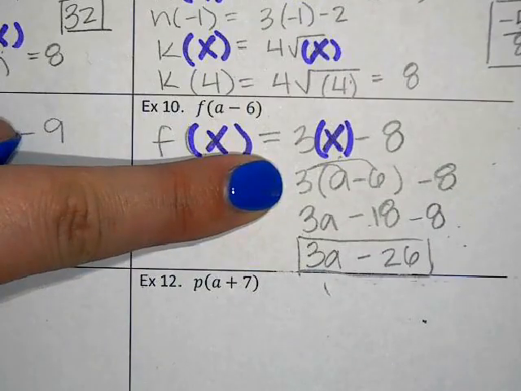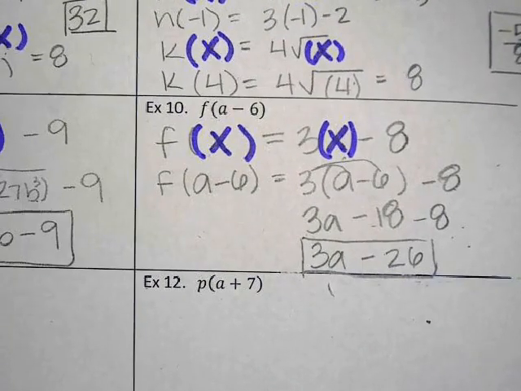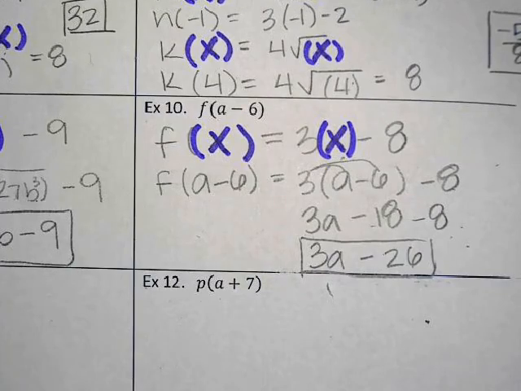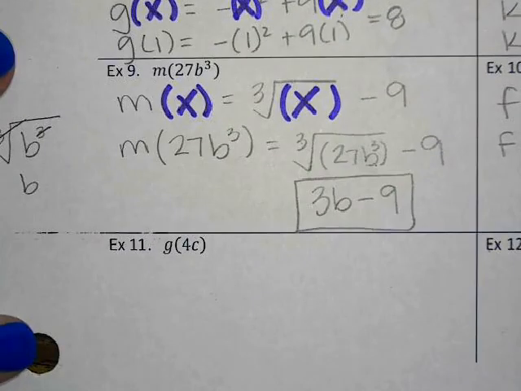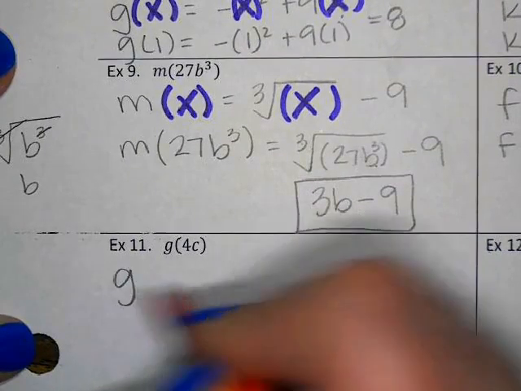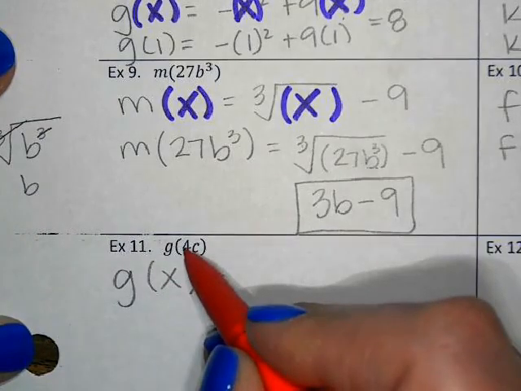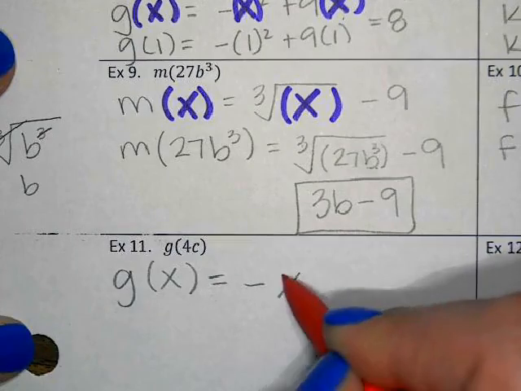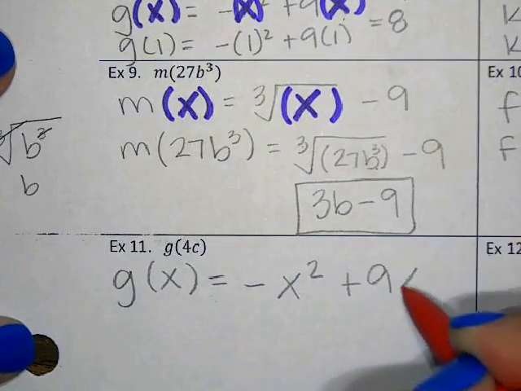Okay. The next one says g of x, which is the negative version of x squared plus 9 times x. And we're plugging in for x right there, and x right there, and x right there.